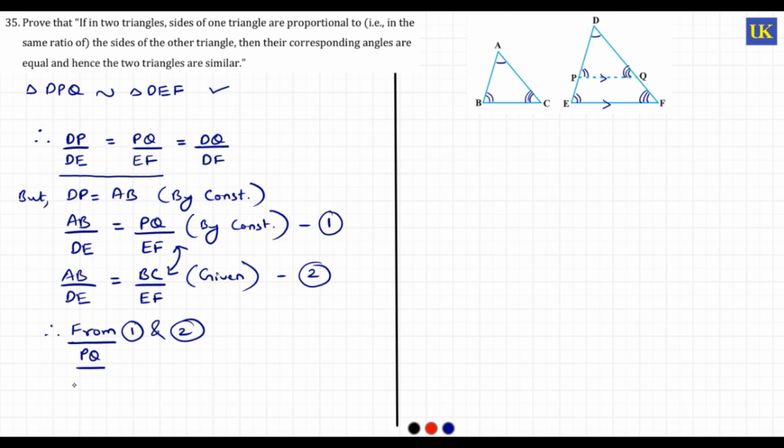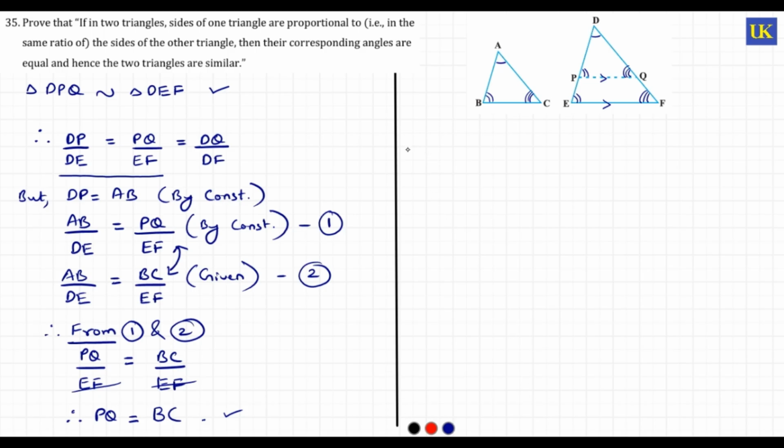So PQ upon EF will be equal to BC upon EF. Both these denominators I will knock off, and we are left with PQ equal to BC. So here what we prove is that PQ is equal to BC.